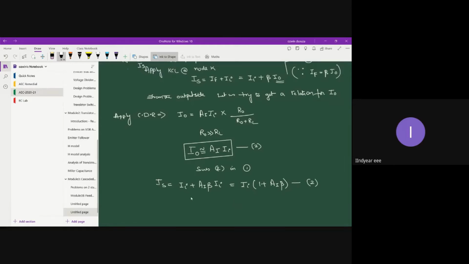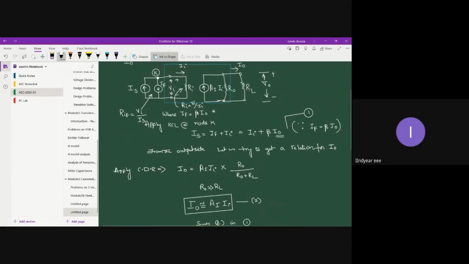Then let us define RIF. I have already defined it in the beginning. RIF is defined as VI divided by IS. So VI divided by IS, right? In place of IS, you have equation 2, that is II into 1 plus AI into beta. So can anyone tell me what is this ratio? Voltage by current, VI by II.